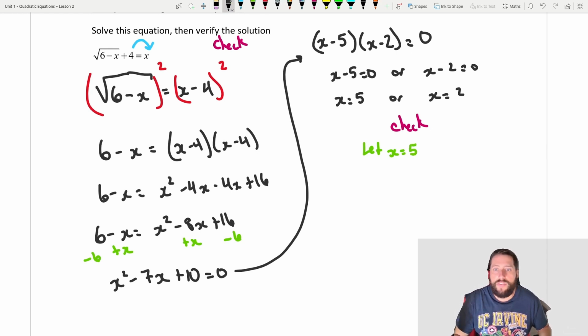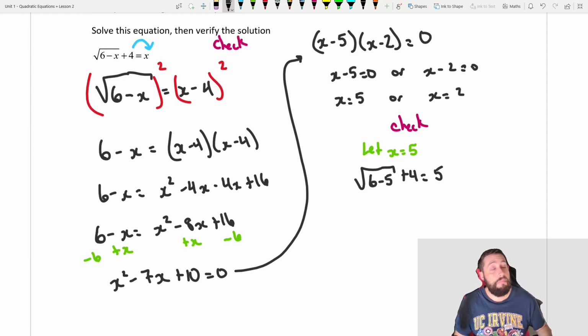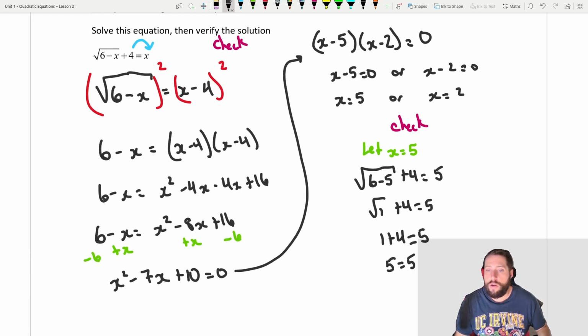If x equals 5, that means the root of 6 minus 5 plus 4 is equal to 5. Well, 6 minus 5 is 1, so we want the root of 1 plus 4 is equal to 5. The square root of 1 is 1, so 1 plus 4 is equal to 5, which means 5 is equal to 5. Good, that's what we want. So that one's good.